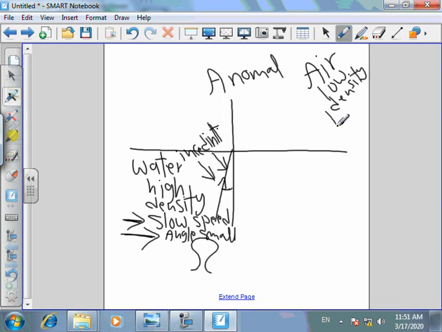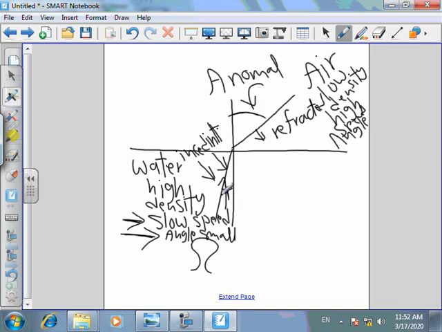Air has high speed. The light can move at high speed, so the angle is a large angle. So the angle is going to be like this. And here's the first angle by which the light moves from a place to another, called incident. But the light ray after refraction is the refracted light ray, and the angle is called the angle of refraction, and here is the angle of incident.